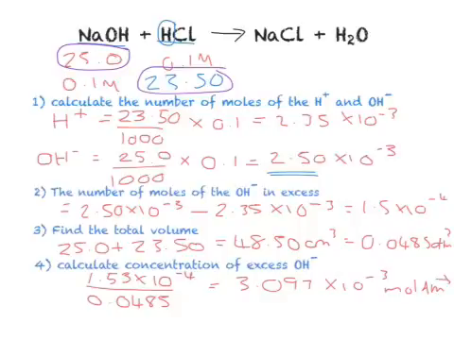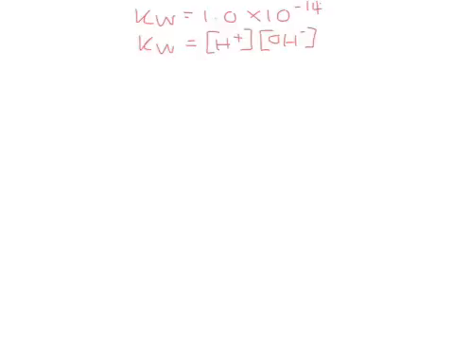Our final step is now to calculate the pH, but we need to use Kw in this case because it's the hydroxide ions that are in excess. From our previous tutorials, we know that Kw has a value of 1 times 10 to the minus 14. We also know that Kw is equal to the concentration of the hydrogen ion multiplied by the concentration of the hydroxide ion, and rearranged, it will take this form.